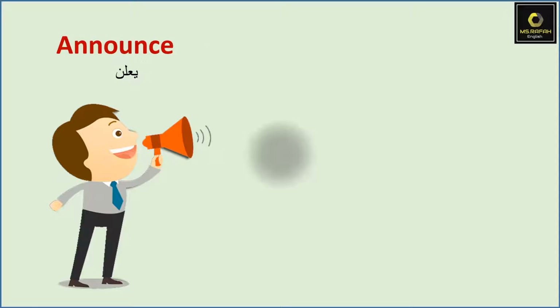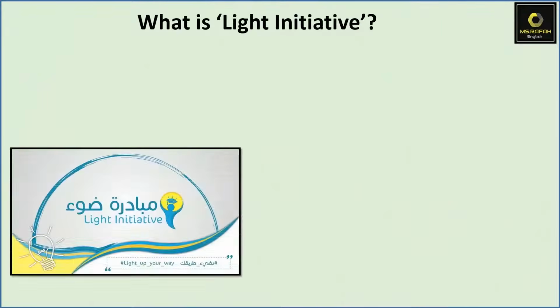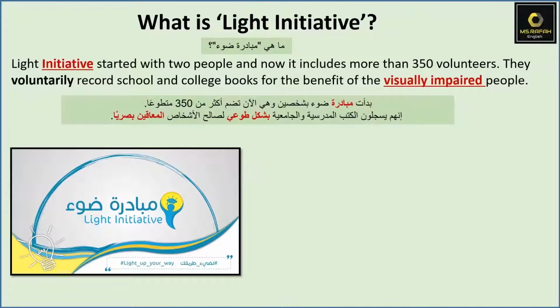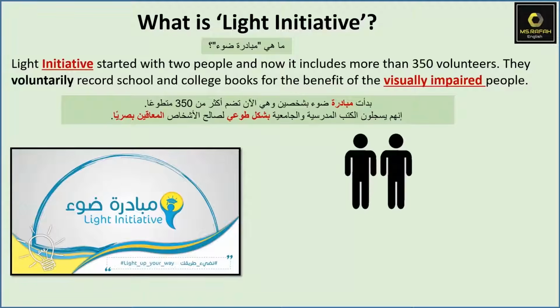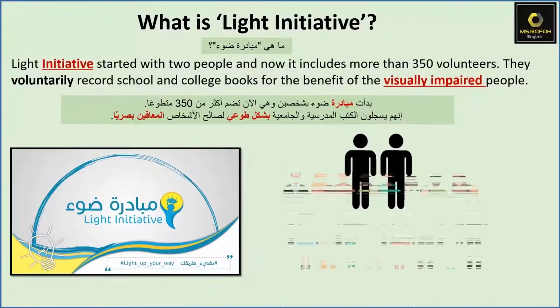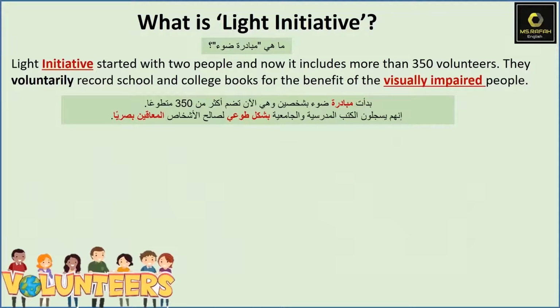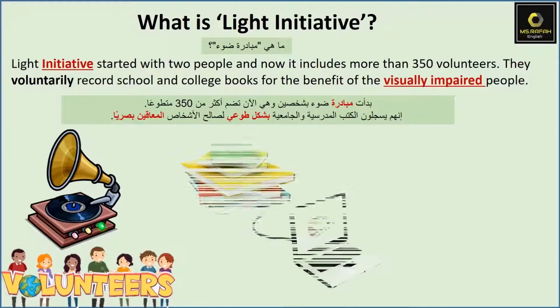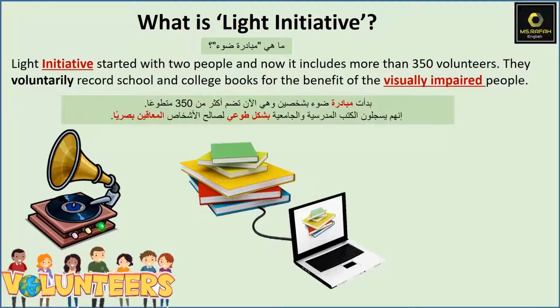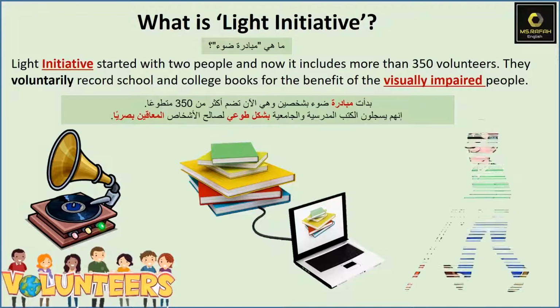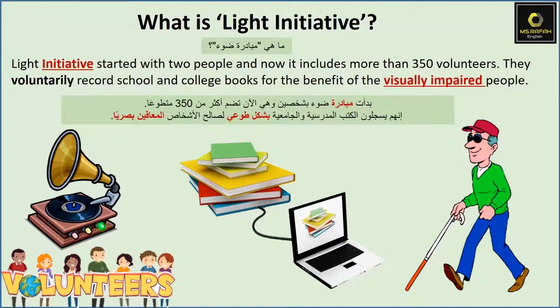Now let's read the lesson. What is Light Initiative? Light Initiative started with 2 people and now it includes more than 350 volunteers. They voluntarily record school and college books for the benefit of the visually impaired people.